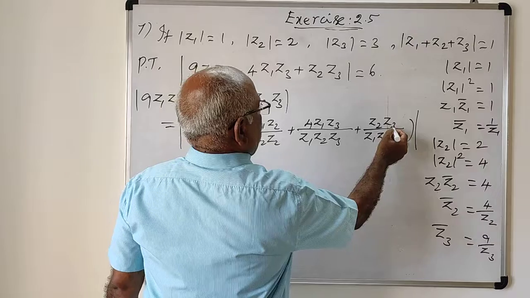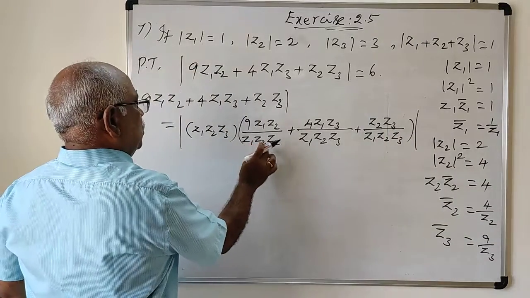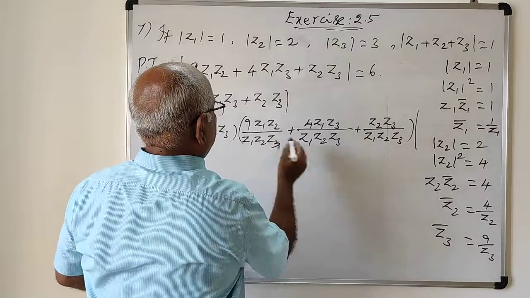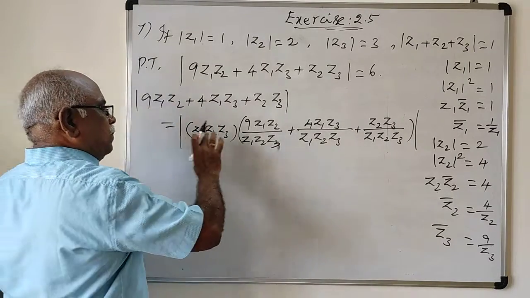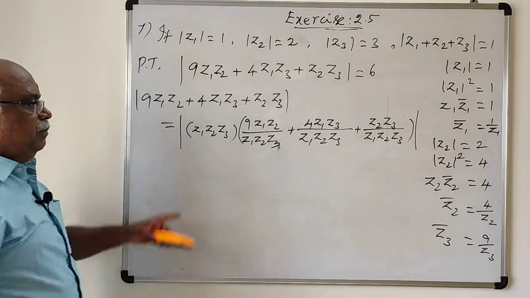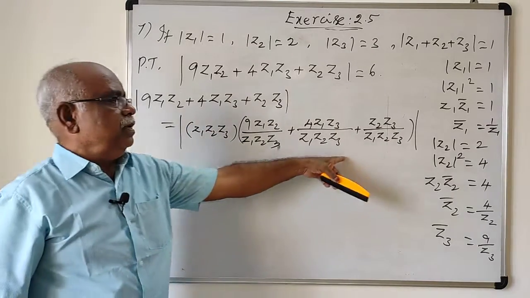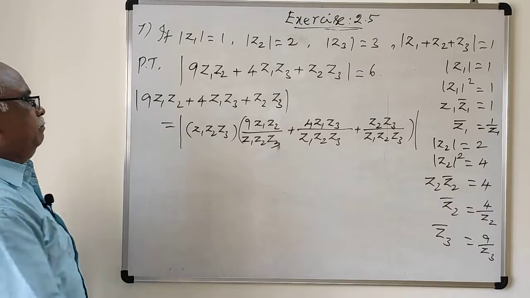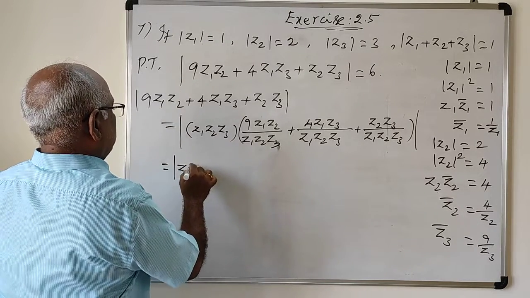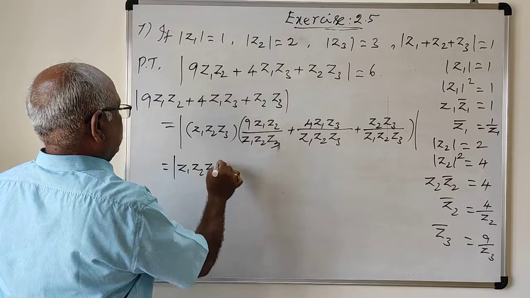See, you divide each and every term by Z1, Z2, Z3. To compensate it, I multiply the entire term by Z1, Z2, Z3. Multiplying the term and dividing by Z1, Z2, Z3 gives the same term. So that is again equal to, you split the modulus of Z1, Z2, Z3.